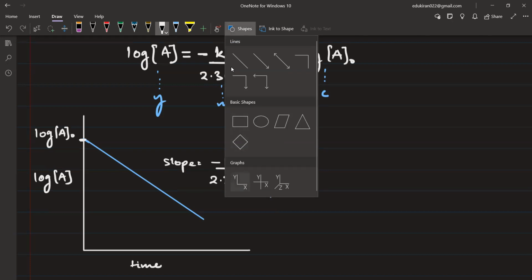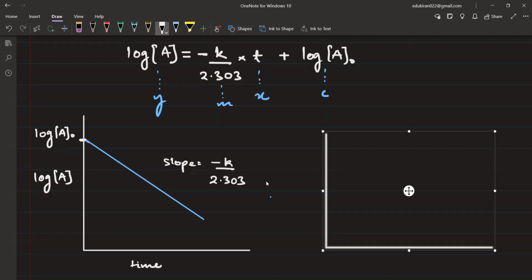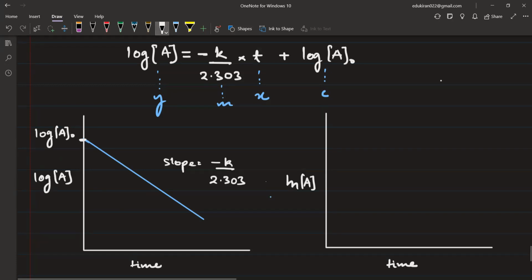Now here you will write one more graph. In this graph we are having time, and here we are having ln of a. Ln means not the log of base 10. We have log base e. Now in that case also you are going to have the same plot. The slope will be also like this.